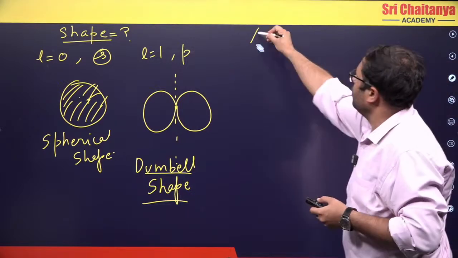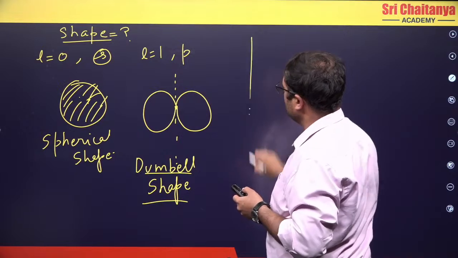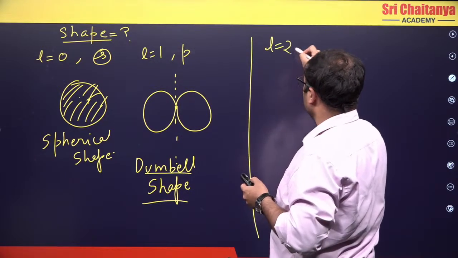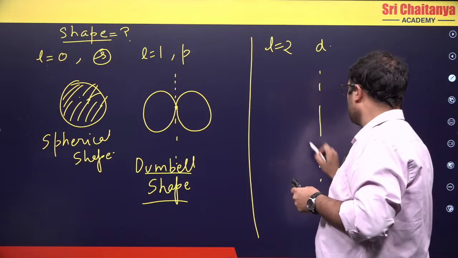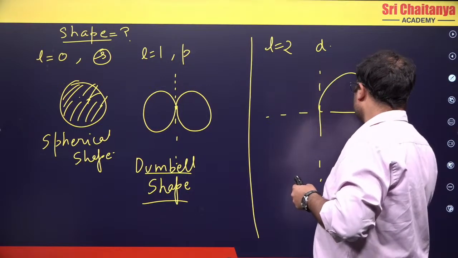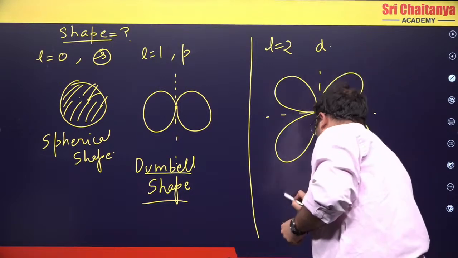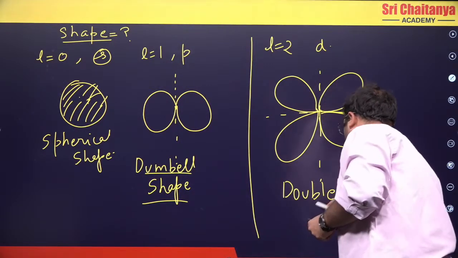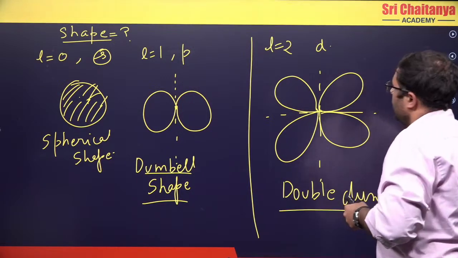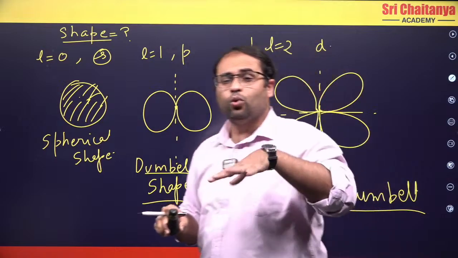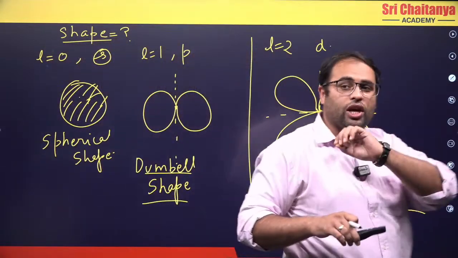Right. Now, moving on to the next. L equals 2, so the orbital is d. This is double dumbbell. So in this way, based on the values of L, we can decide how the subshell will look.